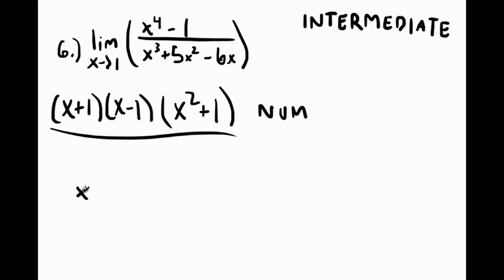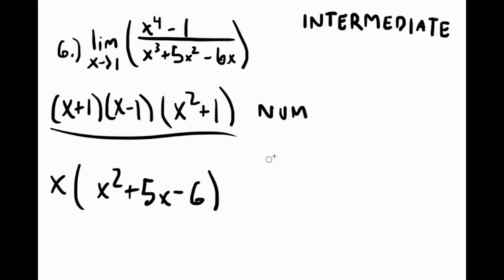So we're going to take an x out, which is going to make it x squared plus 5x minus 6. Take these two end pieces: it's equal to negative 6x squared, and it's going to be 6x and negative 1x.